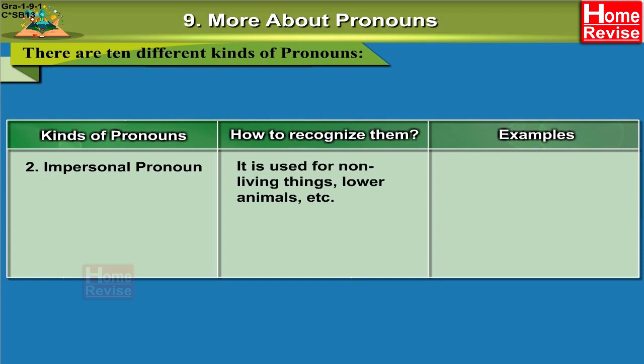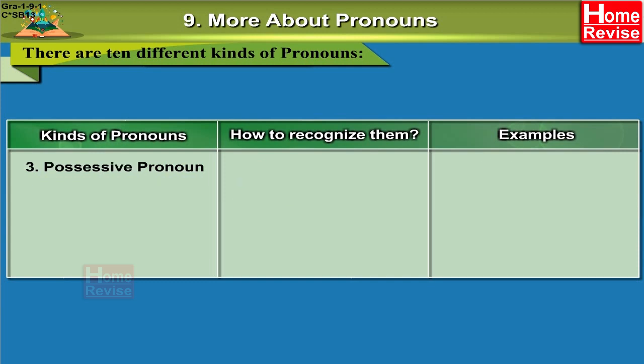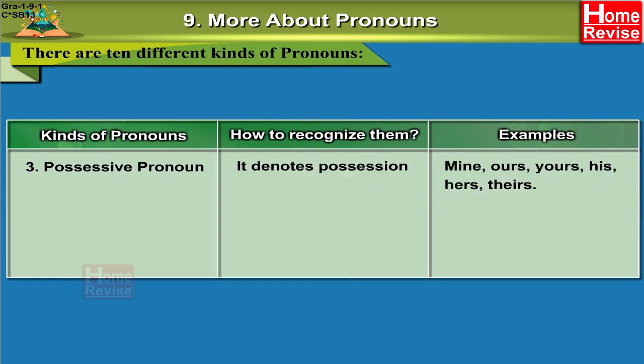It is used for non-living things, lower animals, etc. Example: it for inanimate objects and lower animals. 3. Possessive pronoun. It denotes possession. For example, mine, ours, yours, his, hers, theirs.